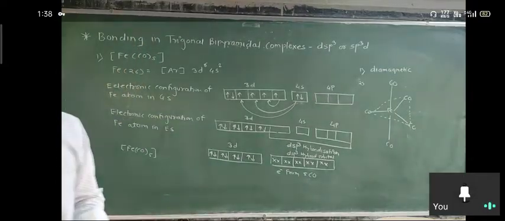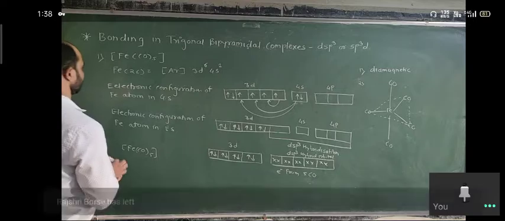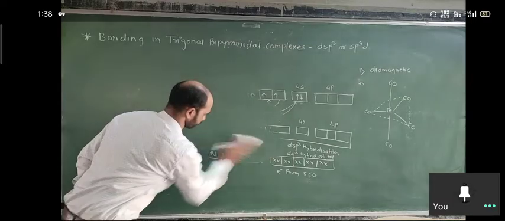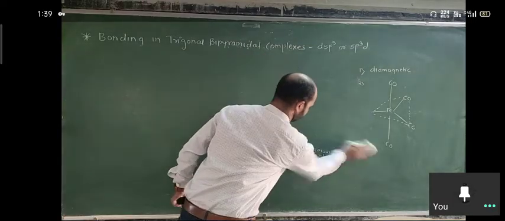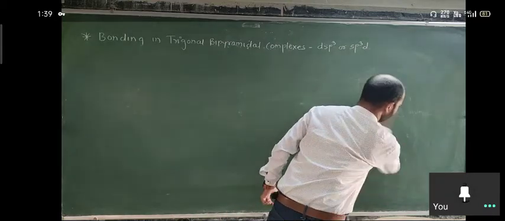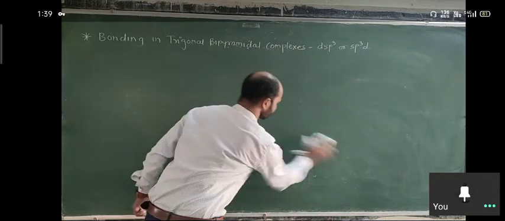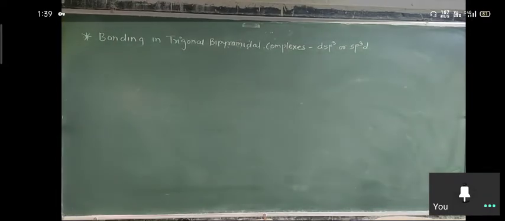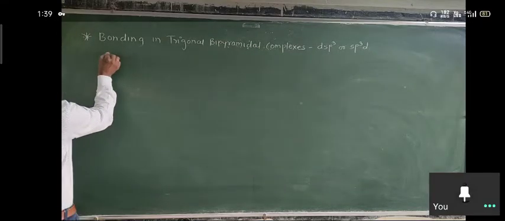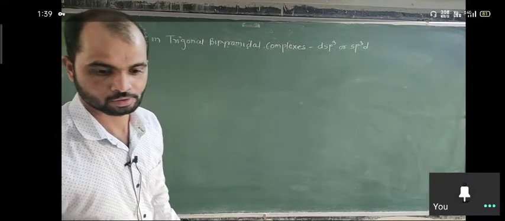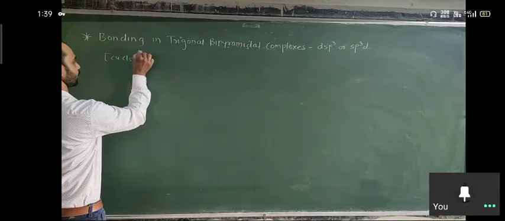The next example is [CuCl5]3-, the 3 minus ion.